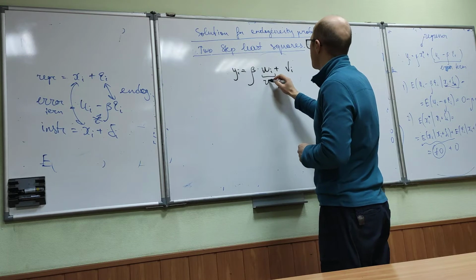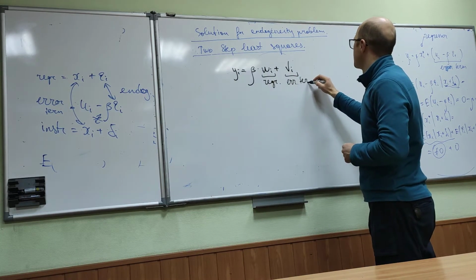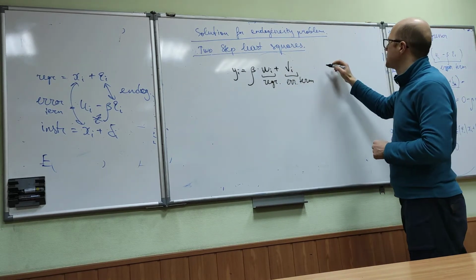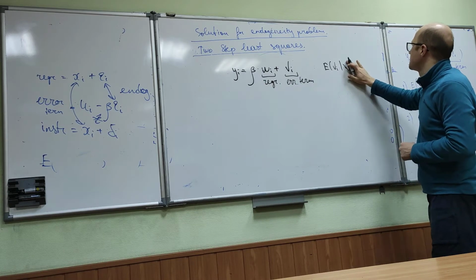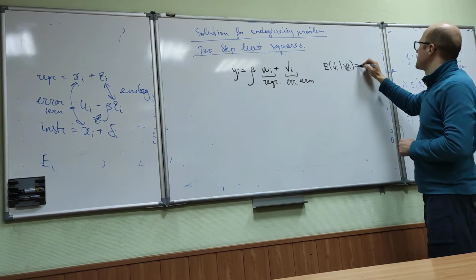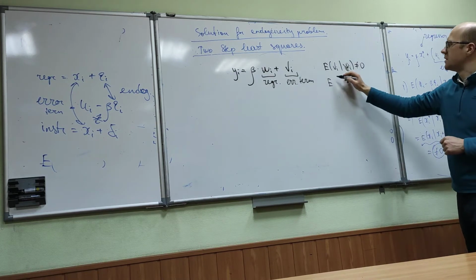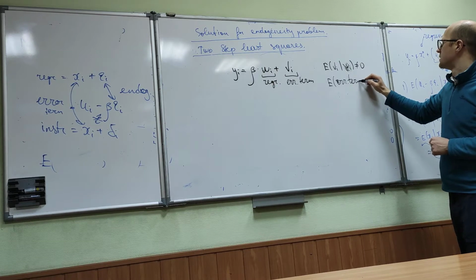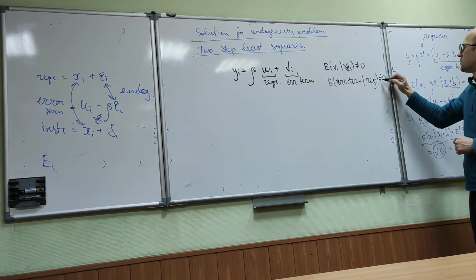So w is the regressor, nu is the error term, and my regressor is bad. Bad in the sense that the expected value of nu given my regressor is not 0. In words: the expected value of the error term given the regressor is not 0.